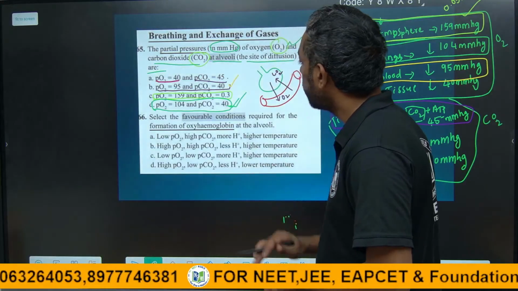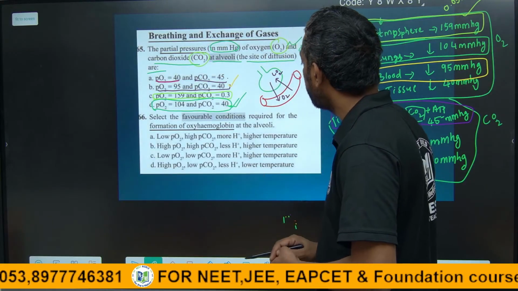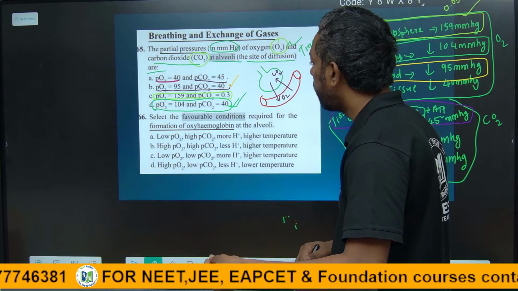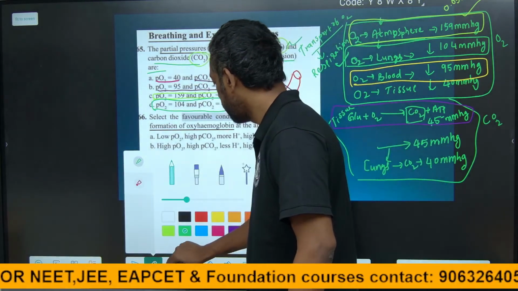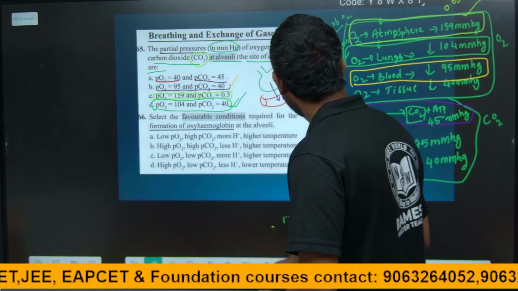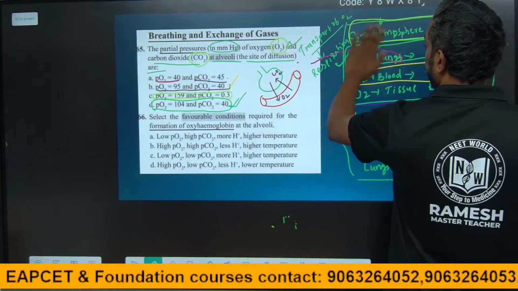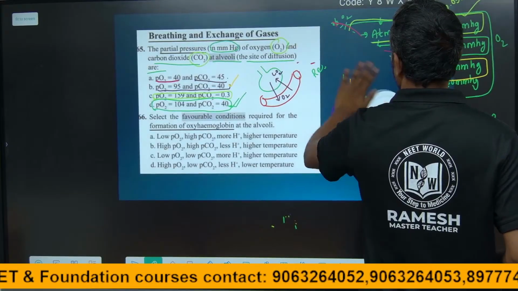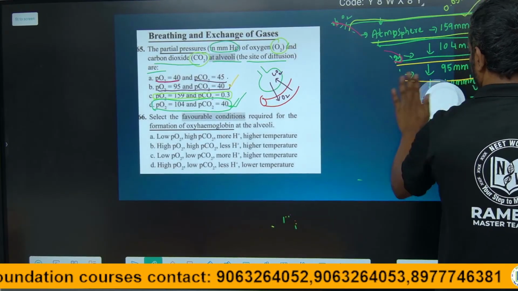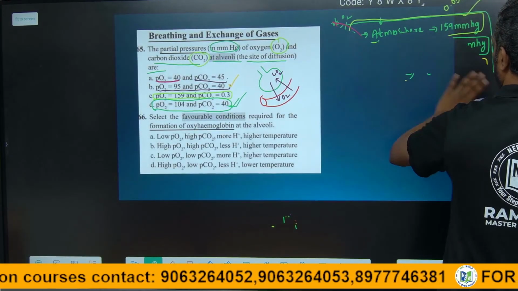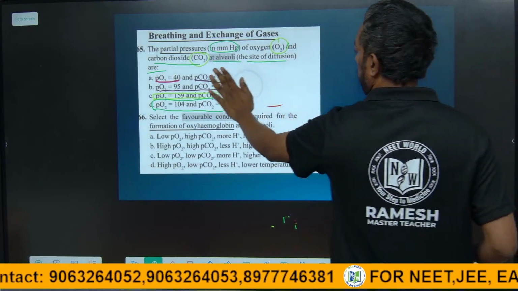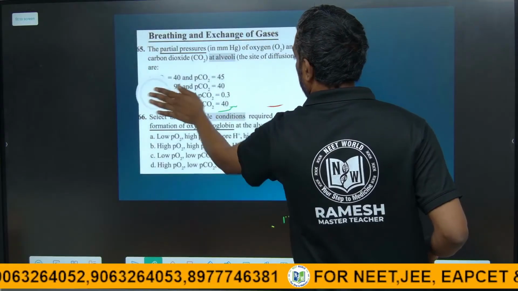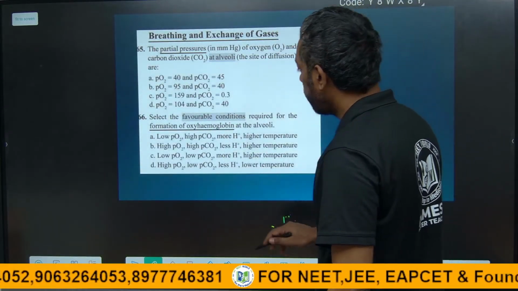Okay. Next question here: the favorable conditions required for the formation of oxyhemoglobin. Just look into this.